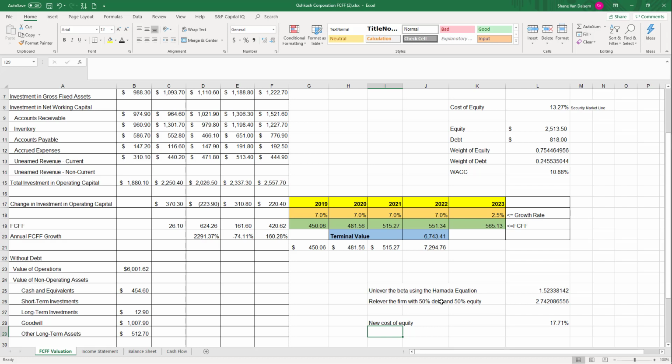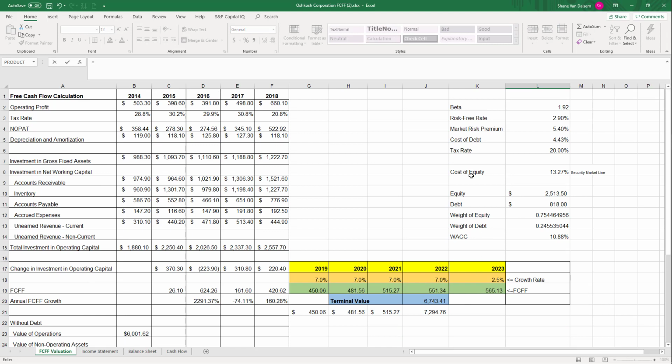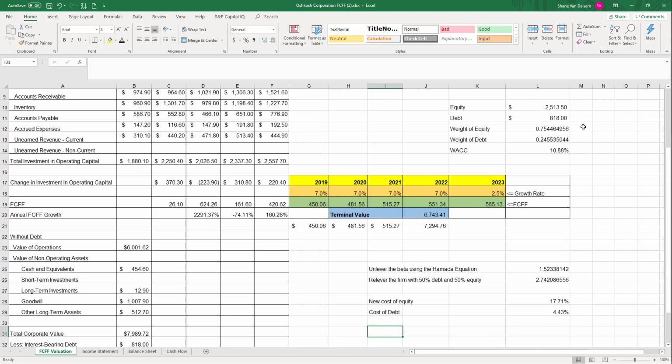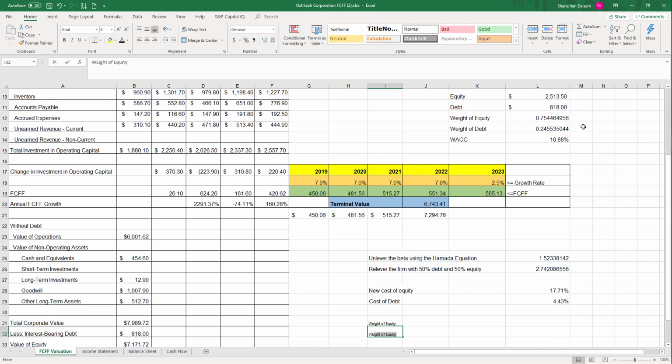I'm going to give you those interest rates in the case for Renaissance. And then we have our weights of debt and equity, and because it's going to be 50% of each, the weight of equity and weight of debt are 0.5 and 0.5.